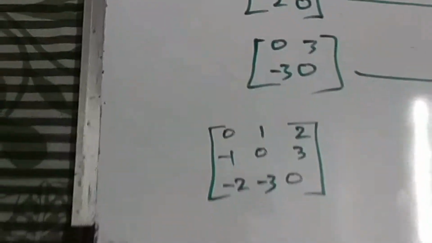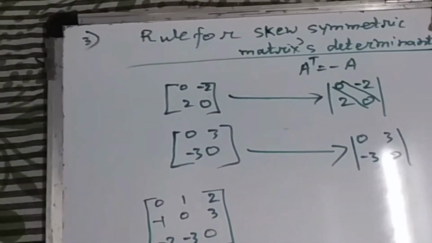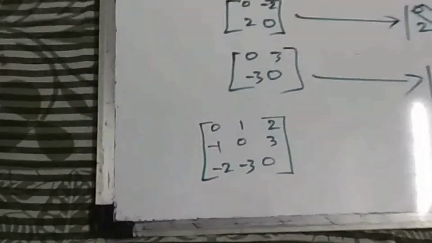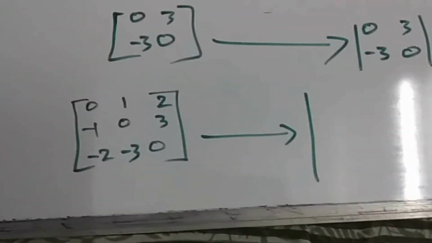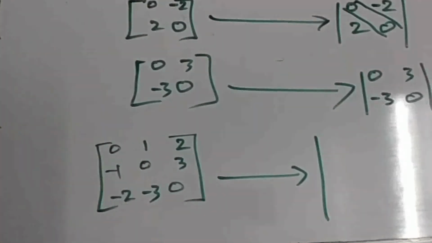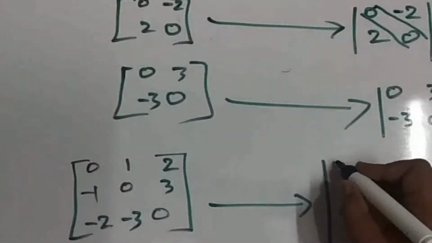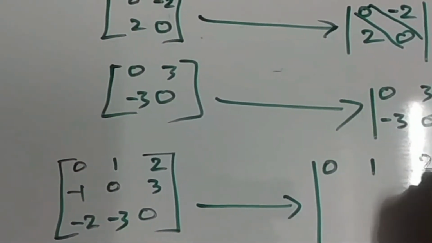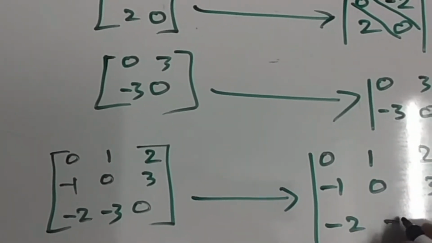So this is a skew symmetric matrix following that rule, A transpose equal to -A. Now if you want to write the determinant of this matrix, you will not use square brackets. Determinant means you have to write inside parallel lines. So here 0, 1, 2, -1, 0, 3, -2, -3 and 0.